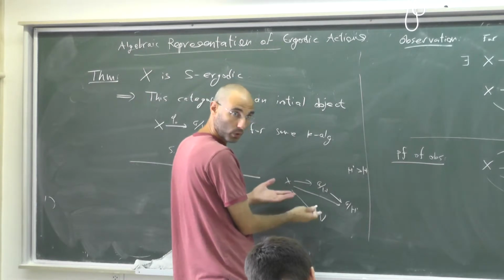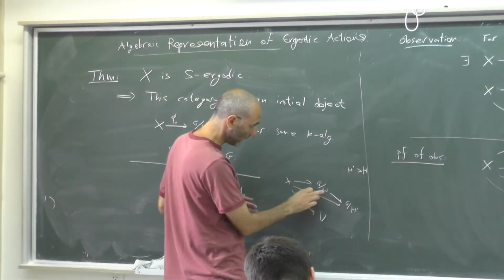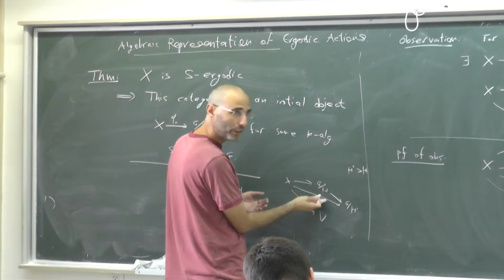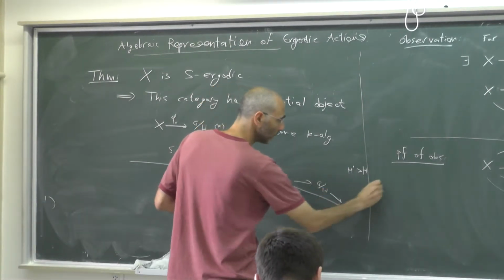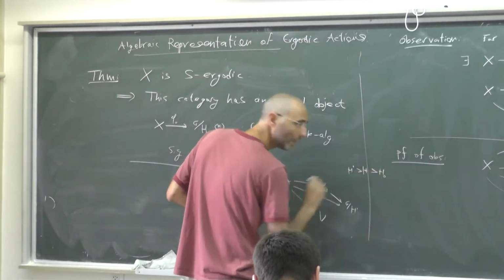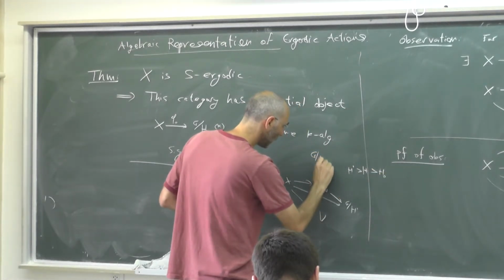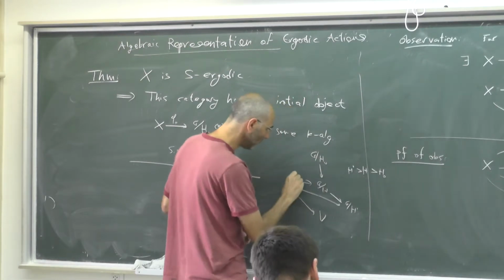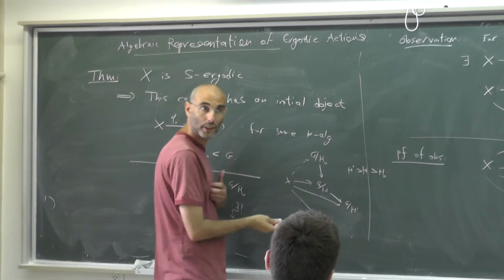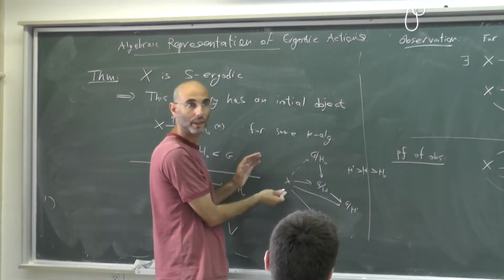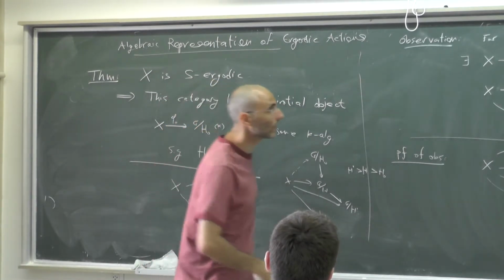So when I want to go initial, I'm looking for as small an H as I can. If I have, I don't know, H0 which is smaller than H, I have a map from here to here, and I can ask myself, can I lift further here? So the game is to lift as much as I can. So let's formulate this.